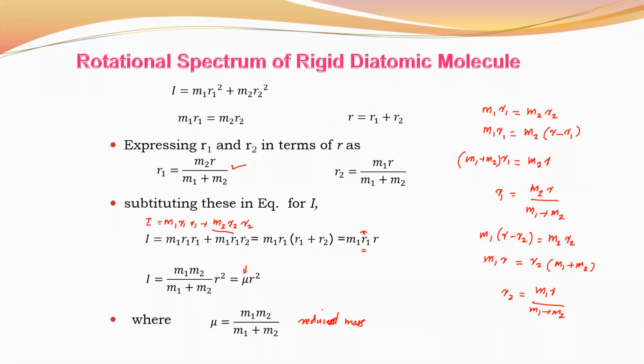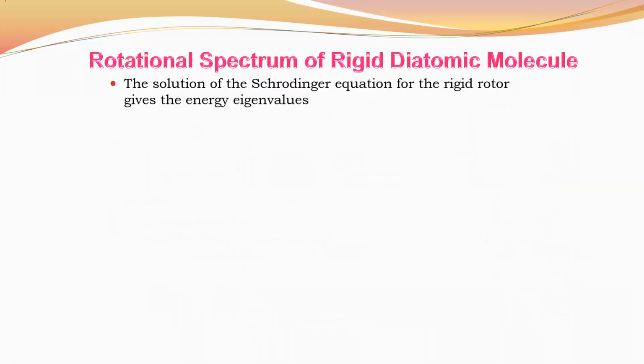So using the Schrodinger equation, we can obtain the energy of a rigid rotor. The solution of the Schrodinger equation for the rigid rotor gives the energy eigenvalues: Ej is equal to h cross square divided by 2I, j into j plus 1 joules.